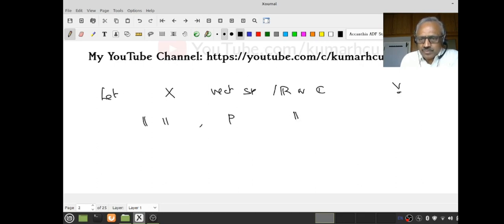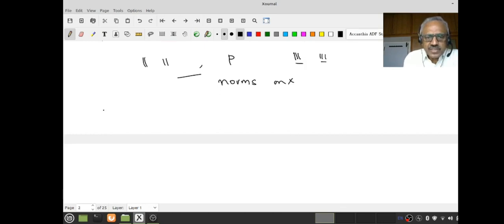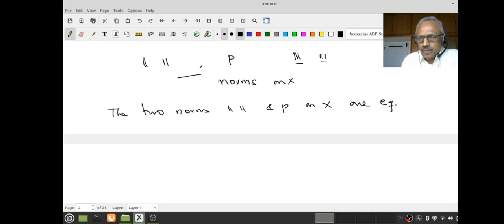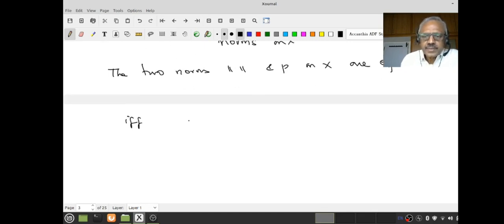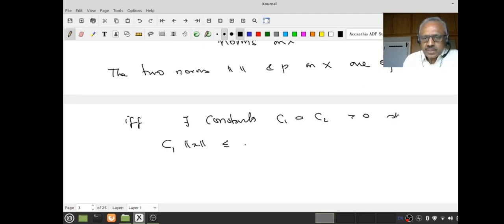Sometimes some teachers use a different symbol, but it will take a lot of time for me to write, so I am using the symbol P. So these are two norms on X. And we say the two norms on X are equivalent if and only if there exist positive constants C1 and C2 so that C1 times norm of X is less than or equal to P of X, that is the second norm, which is less than or equal to C2 times norm of X.